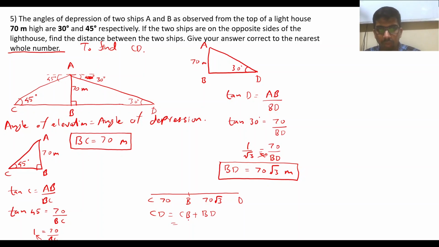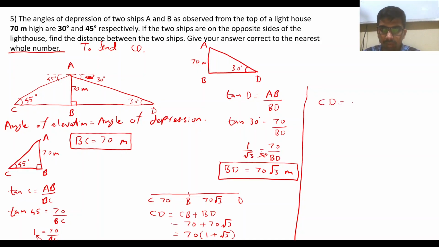So let's add. CB is how much? 70. 70 root 3. Now what's common? 70 is common. Uncommon is 1 plus root 3. So CD is 70 bracket 1 plus root 3.